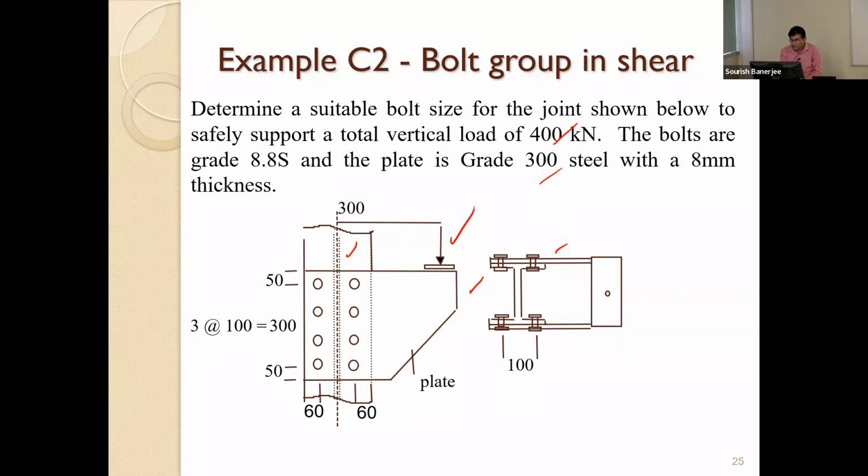If you transfer that load along the center line of the column, the load you can easily transfer there. And what else will happen? Because we have a load transfer there, there's an eccentricity. So when you transfer the load to the centroid of the connection, we'll have the same vertical load, that means 400 kilonewton, and there's a bending moment.